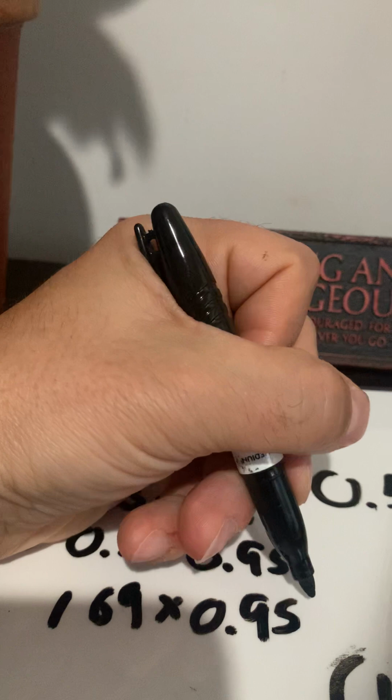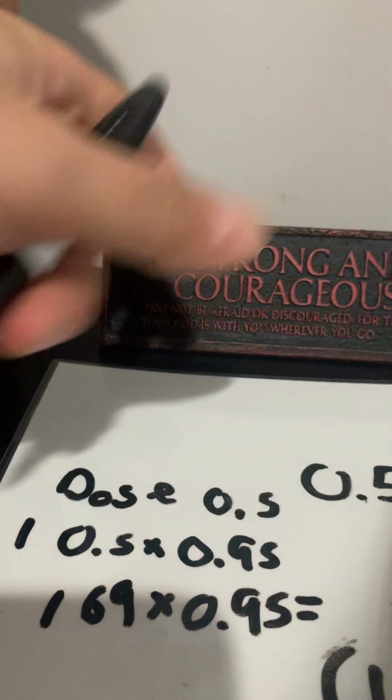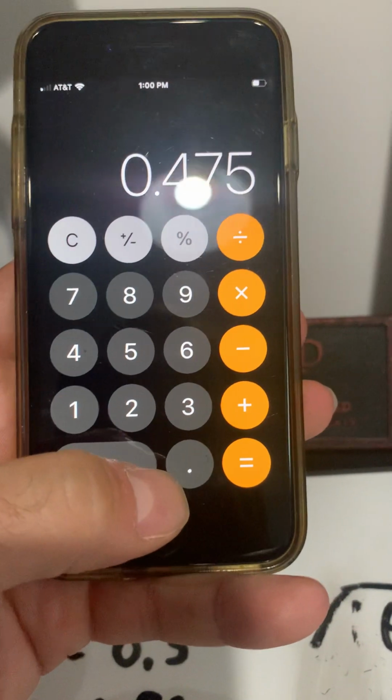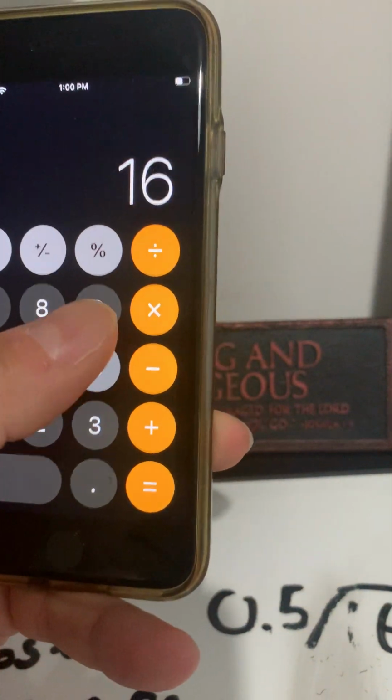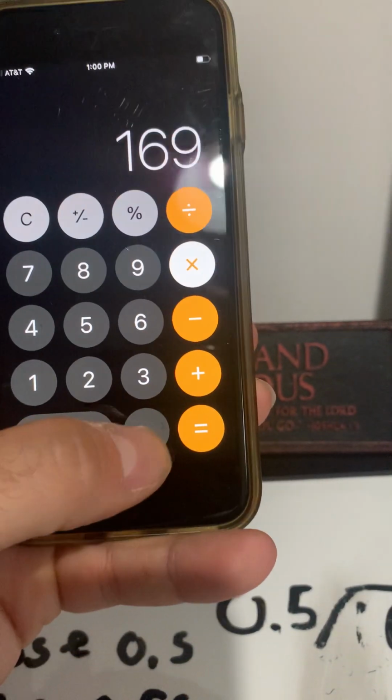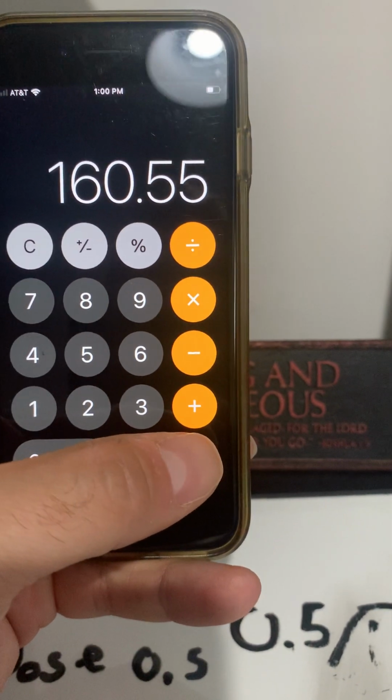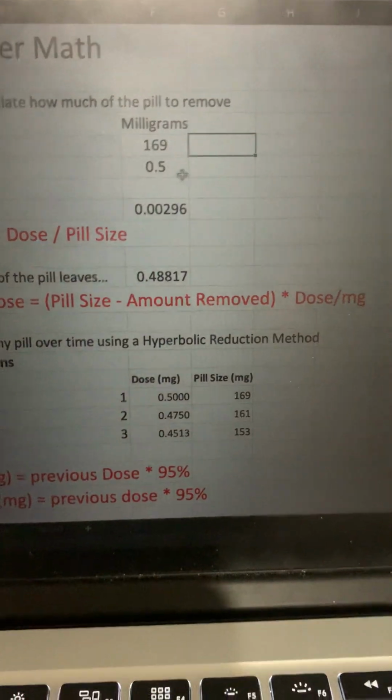I'm just writing it out because some people think better when it's drawn out. 169 times 0.95 equals 160.55. You see here, you have 161.